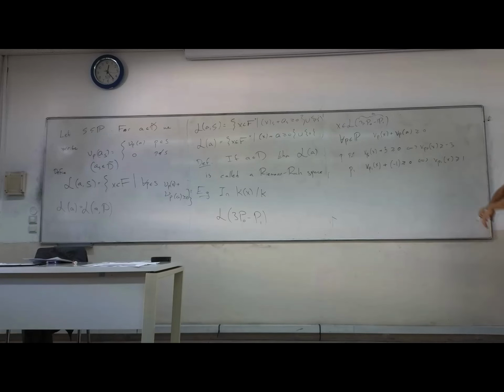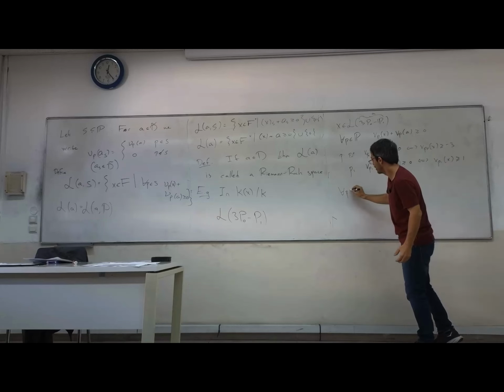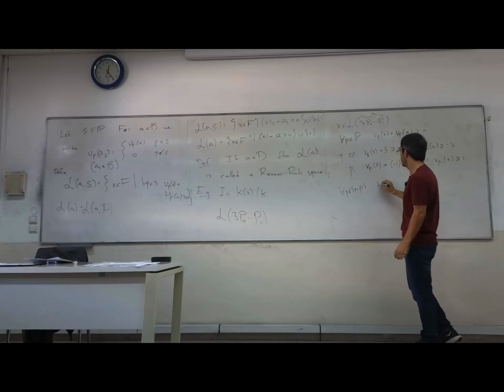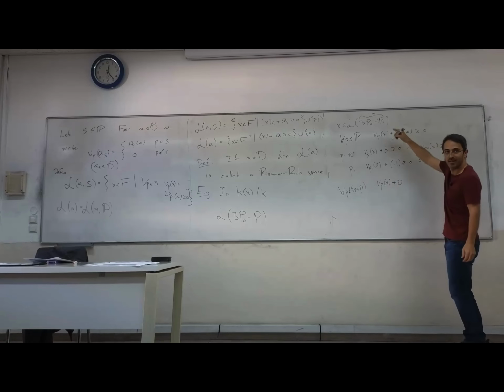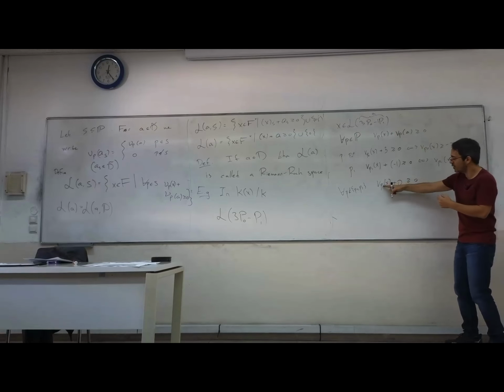And you would think that's it. But no, at every other place you are not allowed to have poles. For every p that's not p0 and p1, you still need vp of x plus 0, because it doesn't appear there, to be at least 0, which means that p is not a pole of x.